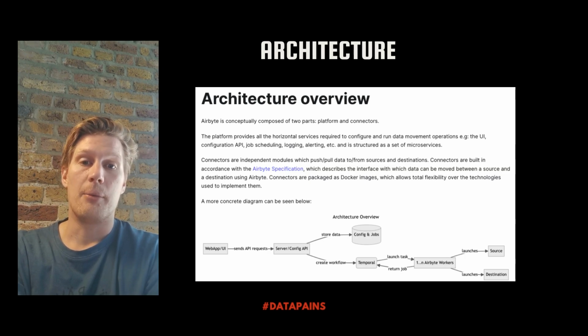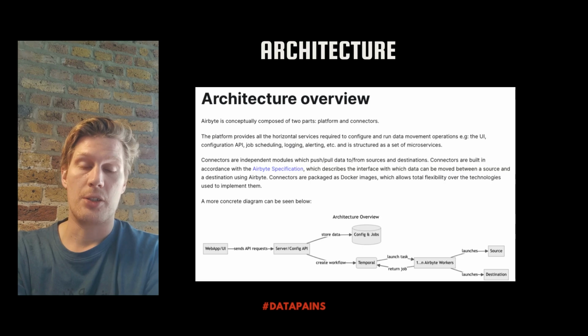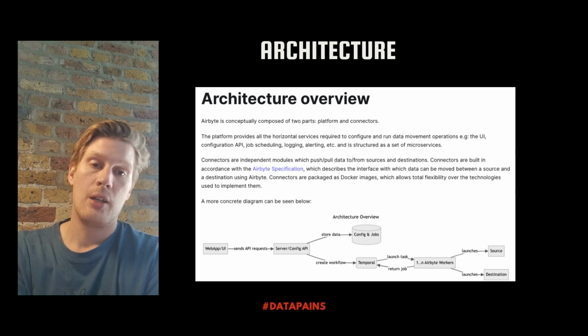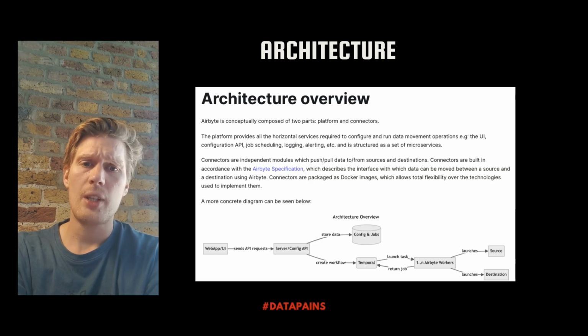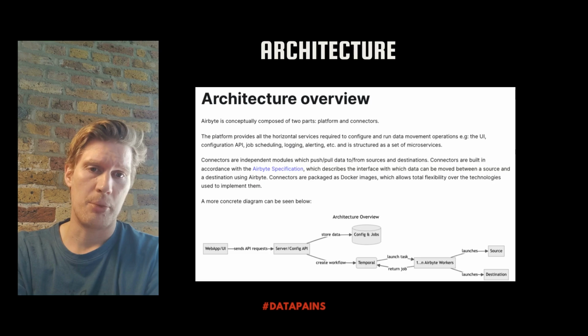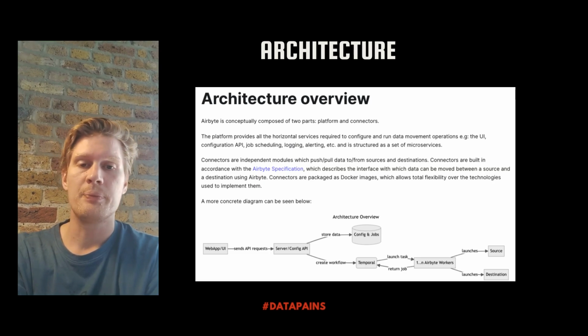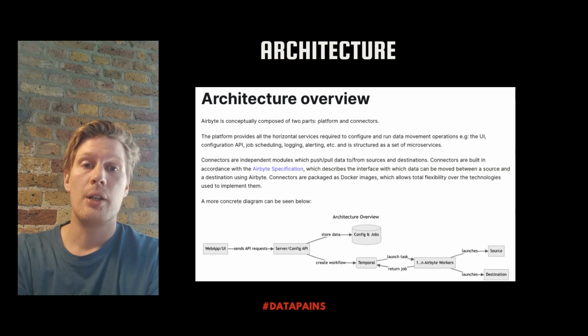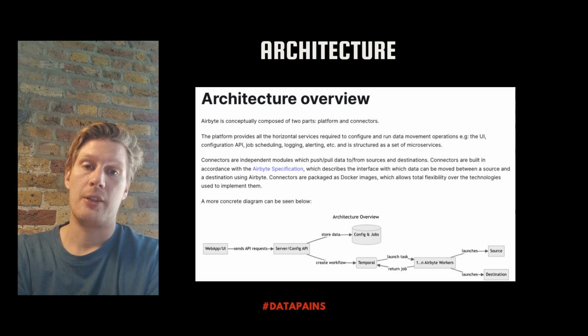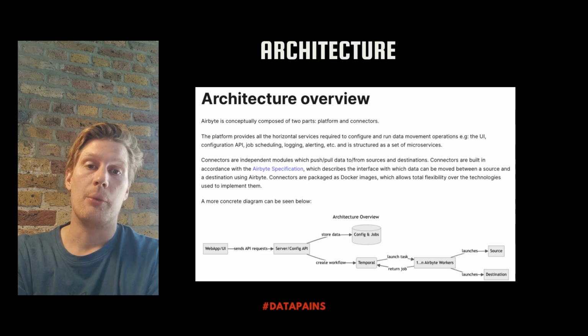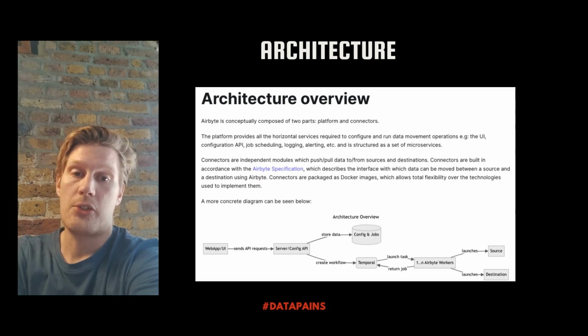Anyway, some of the core main concepts of the architecture, low level, is that you can create sources or destinations through the UI. They also have a Terraform provider. Through the API, essentially the Terraform provider communicates through their own API, and this will trigger creation of different tasks through a worker, and the worker will spawn the source checkers.